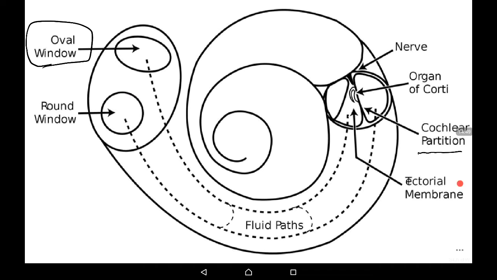And here in the cross section of this cochlea, we may see the tectorial membrane and the organ of Corti. And here we have the tiny hair cells, mechanoreceptors, that are stimulated by the oscillations of the fluid in the cochlea.